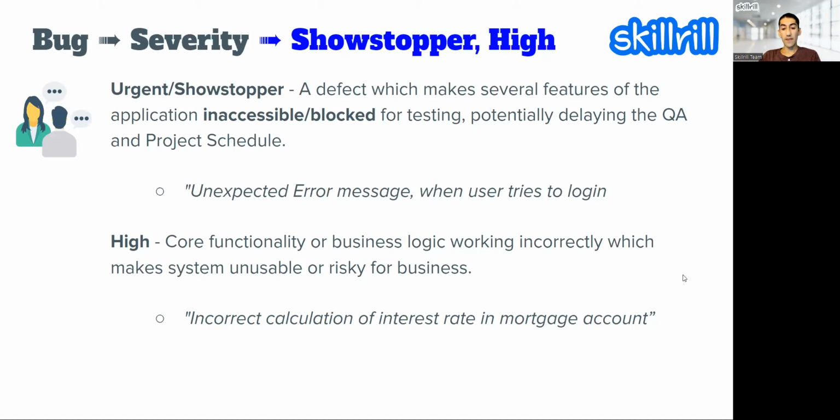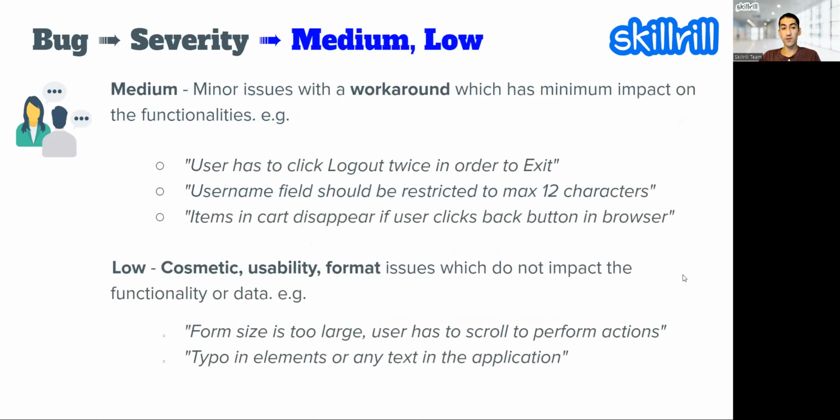So now if we go one level below, then medium, right? Whenever you hear the word medium, think about a workaround, right? So, a minor issue with a workaround. Workaround means you can get from A to B, but you will have to visit C as well along the way.